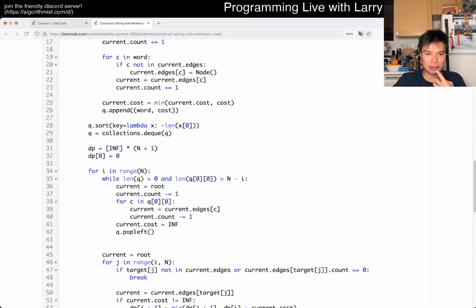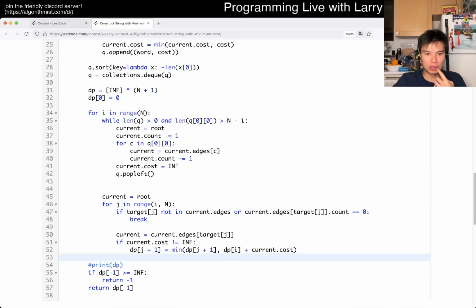I would have thought this is faster, or at least it makes this loop terminate earlier. But maybe not.